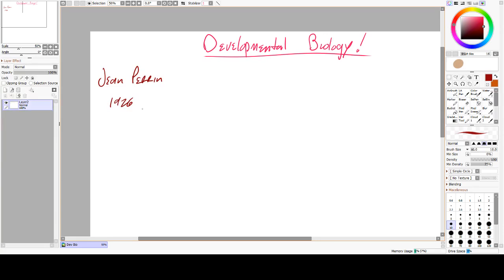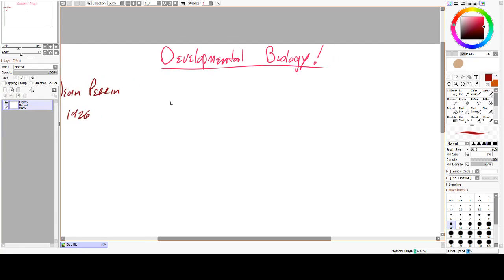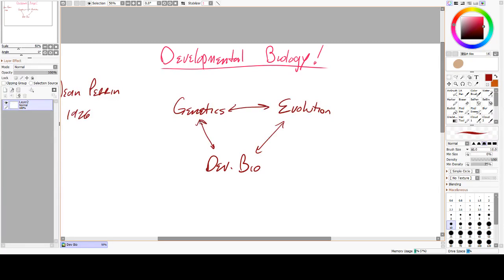And so there's also this biological revolution, genetics, and I'm going to abbreviate developmental biology as DevBio. All of these things kind of go together. Without one, there is no other.